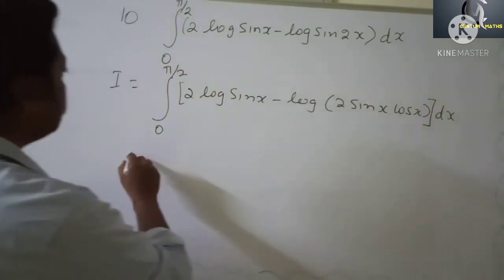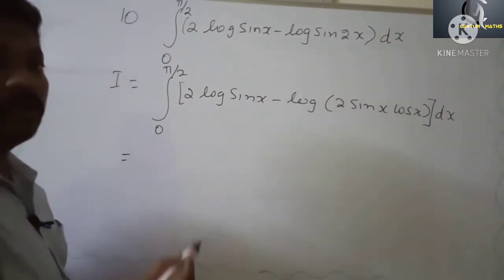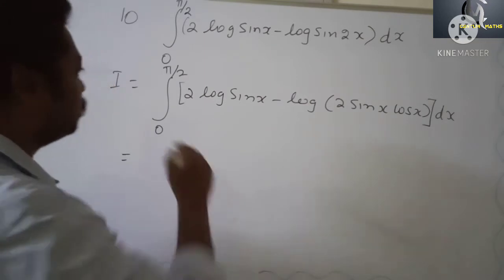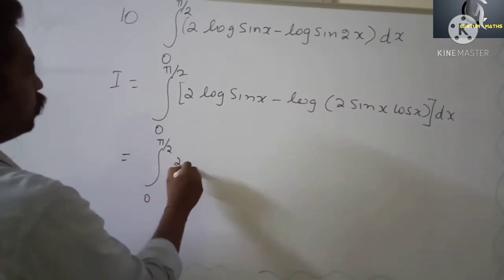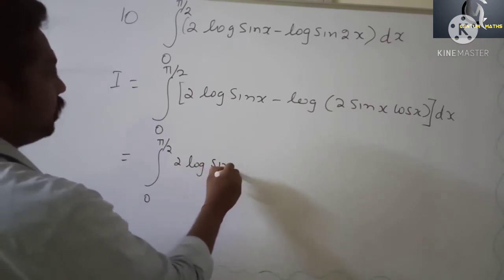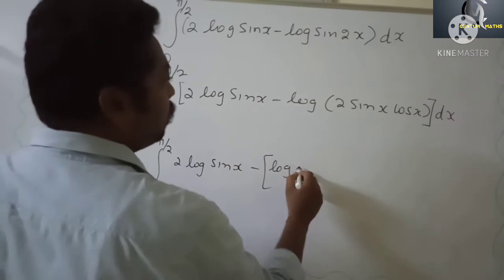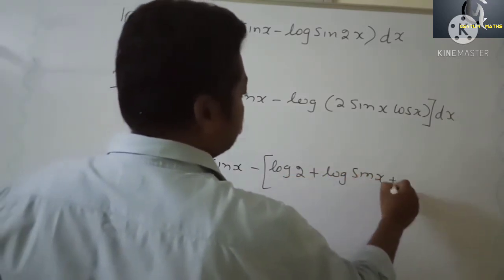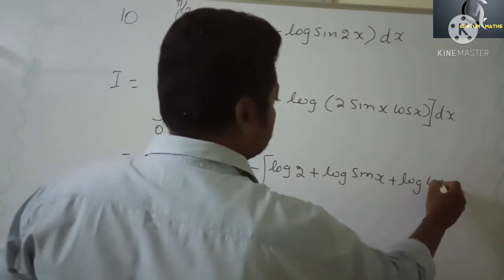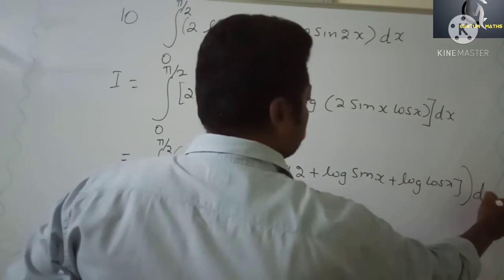Secondly, log of ABC equals log A plus log B plus log C. So integral 0 to pi by 2, 2 log sin x minus log 2 plus log sin x plus log cos x, the dx is common.